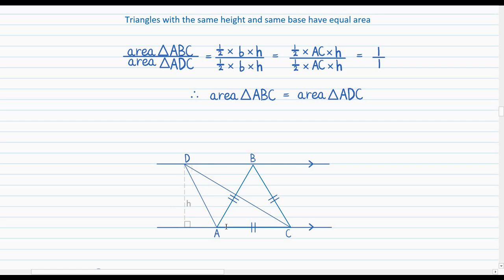So essentially, both ABC and ADC involve just a doubling of this area to determine the total area. Therefore, both triangles will have exactly the same area. I hope that convinces you that the areas for two triangles with the same base and the same height are actually the same. Let's go through an example.